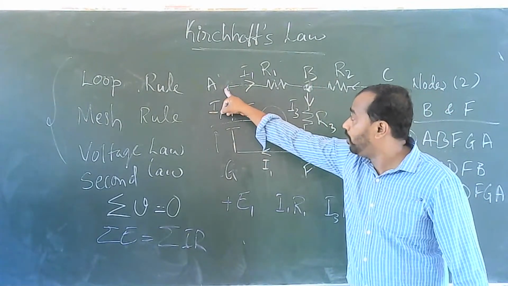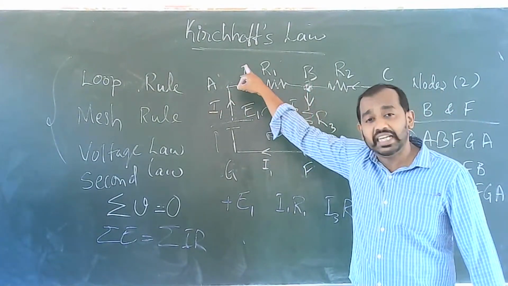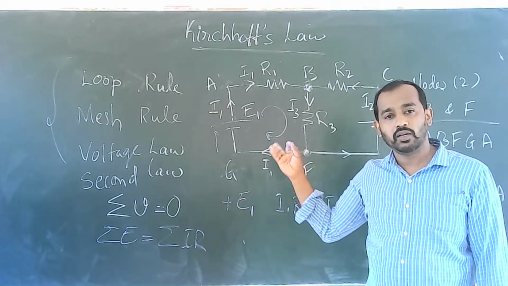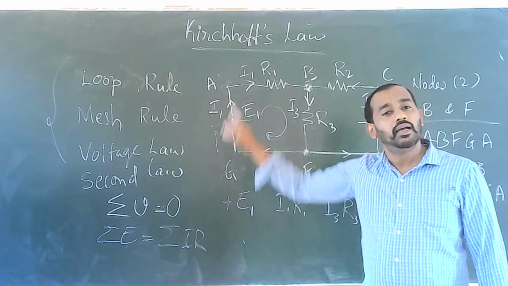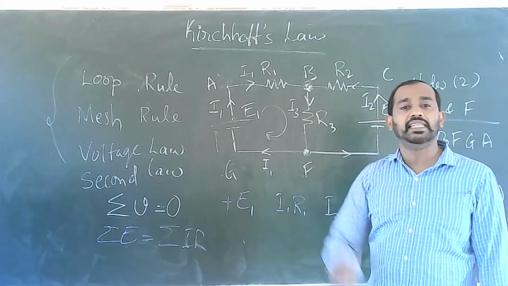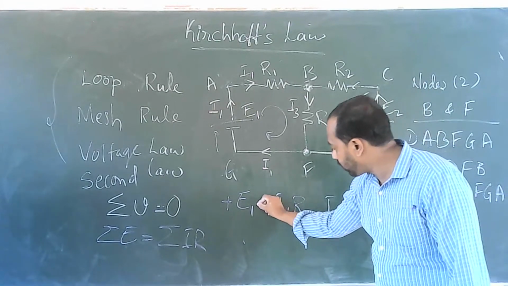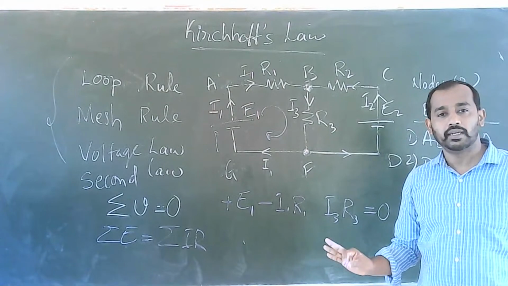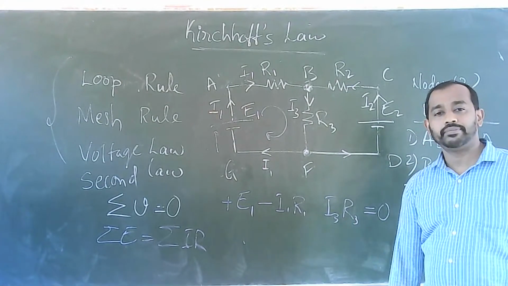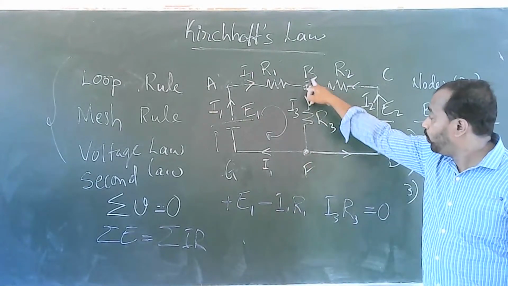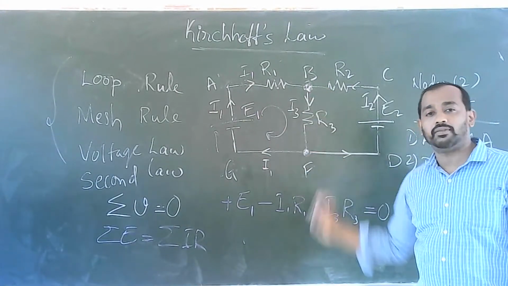That means since we are traveling from A to B in the direction of the current, what about the IR drops? In the direction of the current, potential is decreasing. So therefore, the IR drop should be treated as negative. Then from B to F, again we are moving in the direction of the current itself.